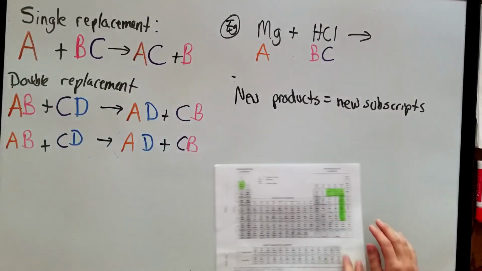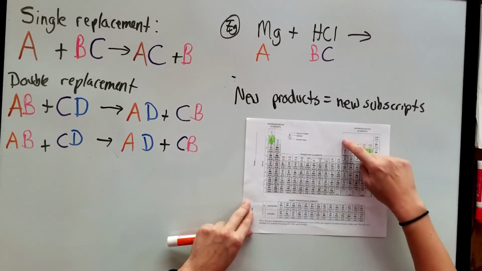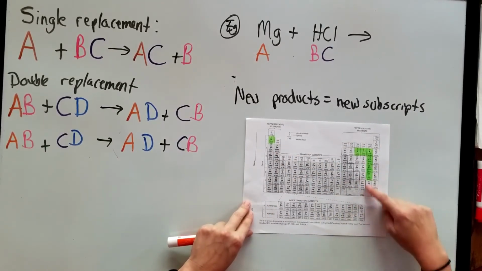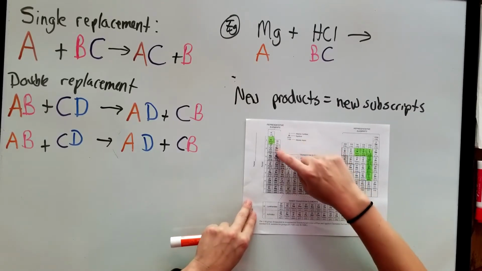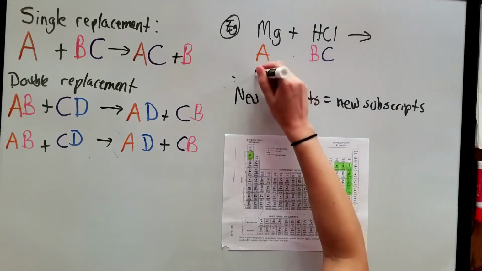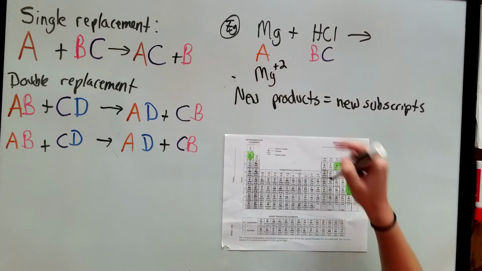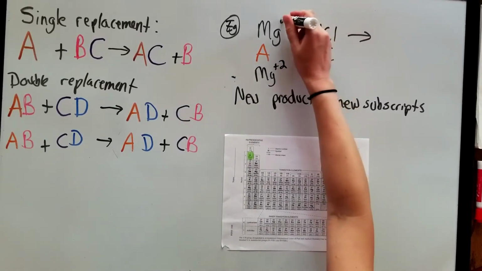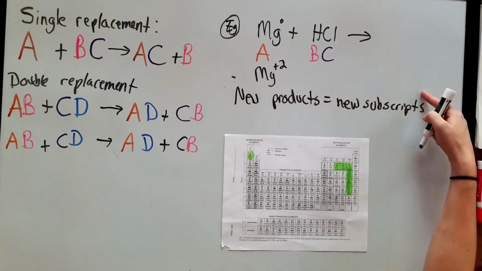Remember, when we look at our periodic table, we can figure out the charge of the main group elements depending upon which group it's in. Magnesium is an alkaline earth metal in group 2, so when it's in a compound, it's a +2. When it's by itself, it is neutral, but we need to know what its charge will be in a compound, because on the product side, it's going to be in a compound.